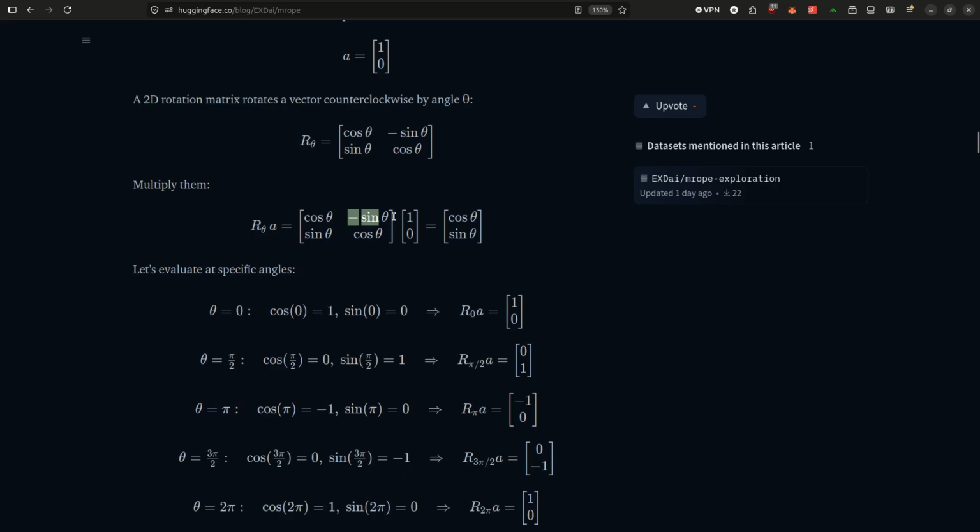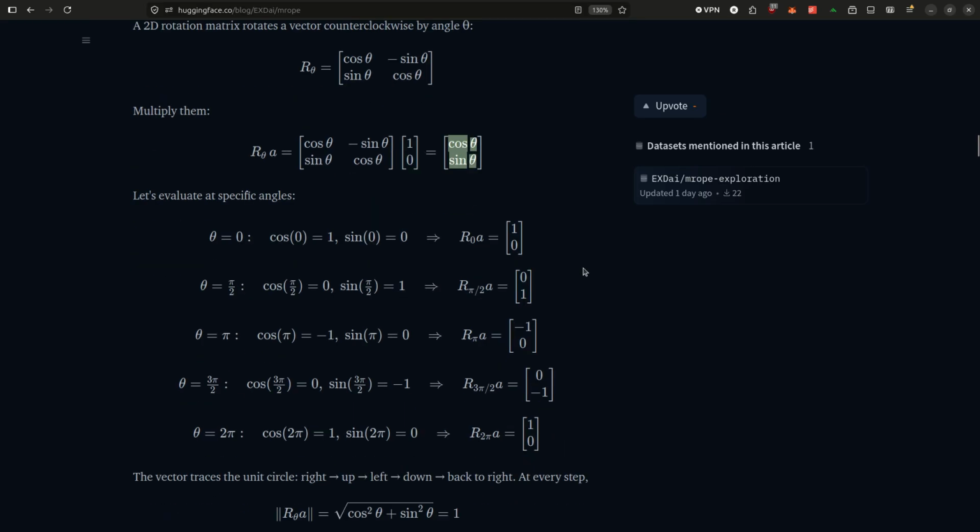And sine theta times 1 plus cosine theta times 0 is just sine theta. So R theta A, rotating A by theta, is just equal to a vector which is cosine theta, sine theta.